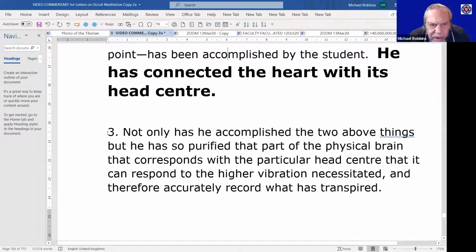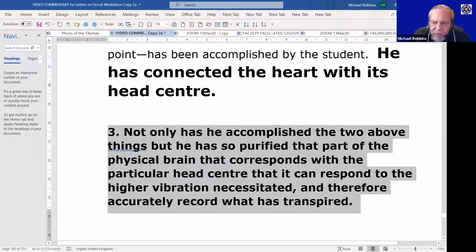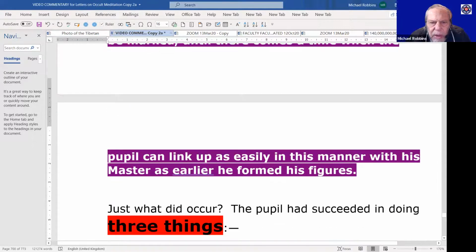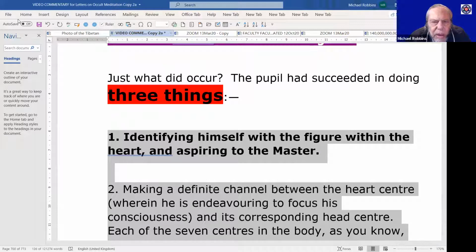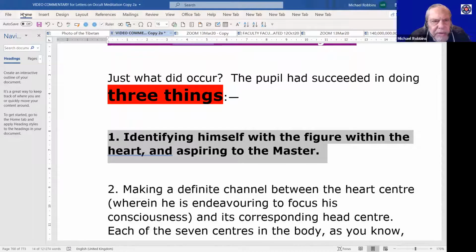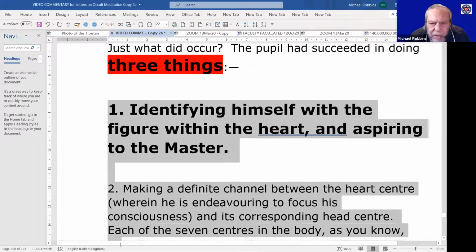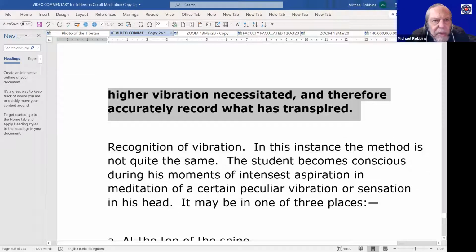Now, these are 3 factors out of 5 when it comes to contacting the master. I want these to stand out a bit, and I'll do that in the meditative color indigo.